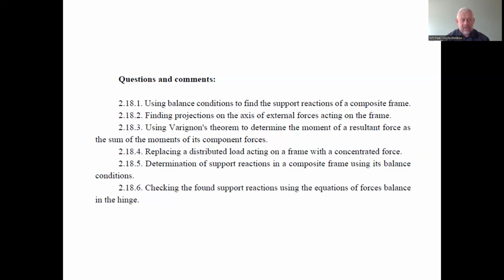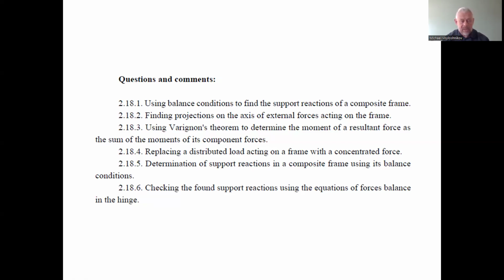So in this situation, we can consider the components of the force, which are the projections of the force on the abscissa and ordinate axes. And due to the Varignon theorem, the rotation moment of the resultant force around any point is equal to the total of the moments of the components of this force around this point.